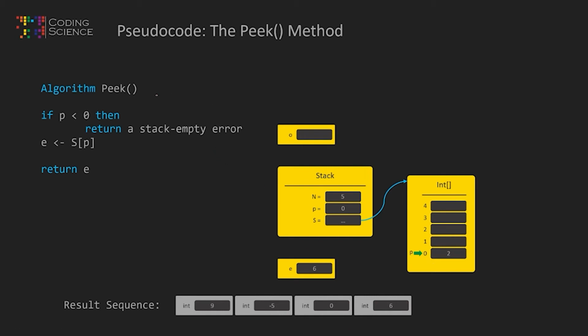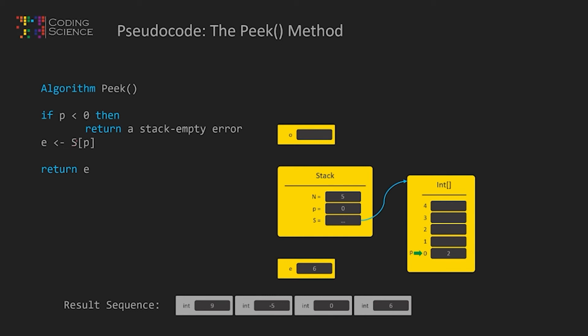So let's use the function peek. We call peek, it does not take any parameters, and we just should give back the last item that has been stacked. And in this case, this is this one. So let's see. First, we check if P is inferior to 0, then we may return an error, but in this case, P is equal to 0, not inferior. So we'll skip that line and go directly to that line.